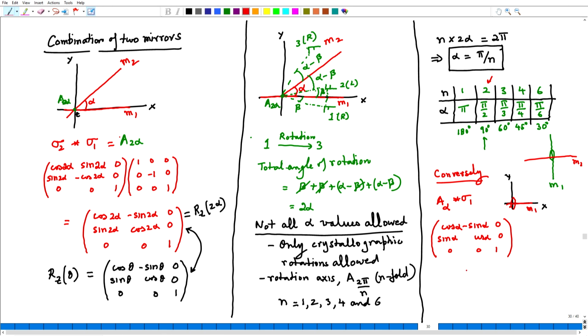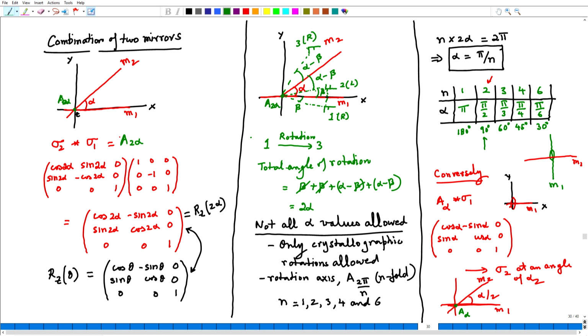So, there would be a reflection operation sigma 2 at an angle of alpha by 2. So, one can show this on a diagram. I have a mirror M1, then I will have a mirror M2 at an angle of alpha by 2, where the rotation is A alpha.